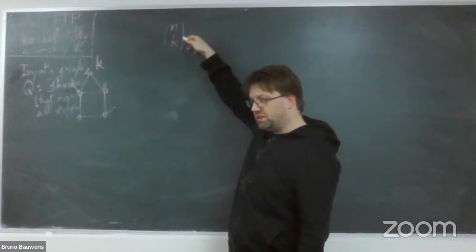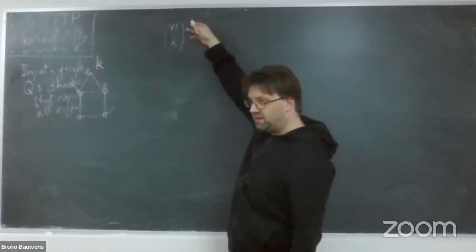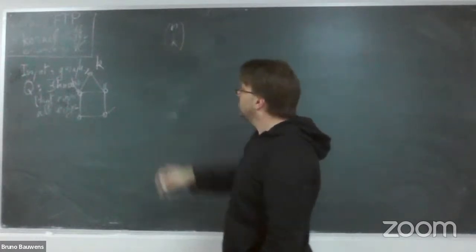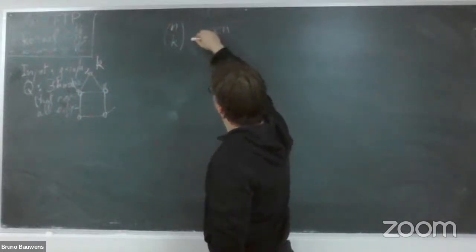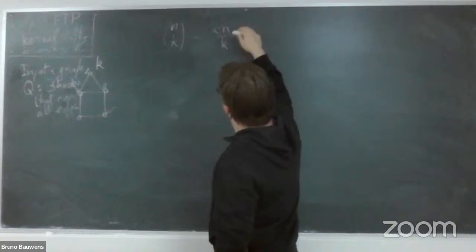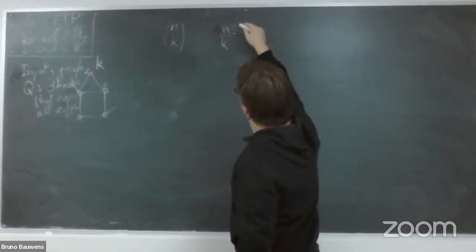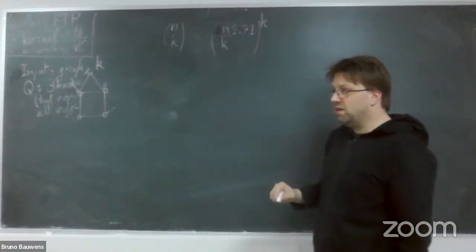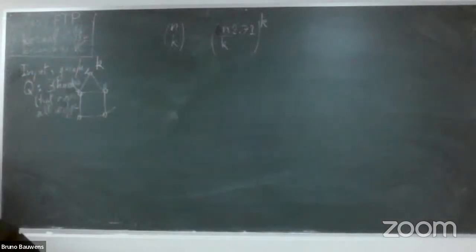From discrete math, it is the number of subsets of size k from n different elements. A good estimate of this number is (e·n/k)^k, where e is 2.71 and so on. There is some more advanced estimate, and let's forget about it.